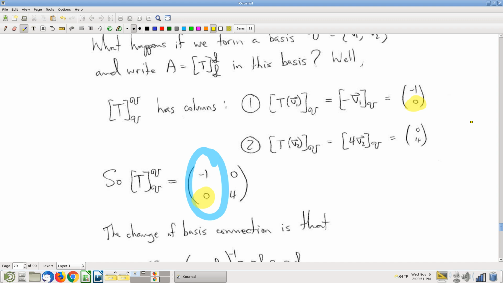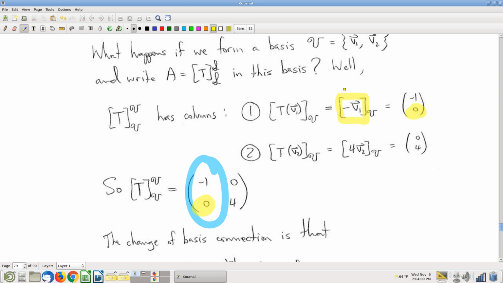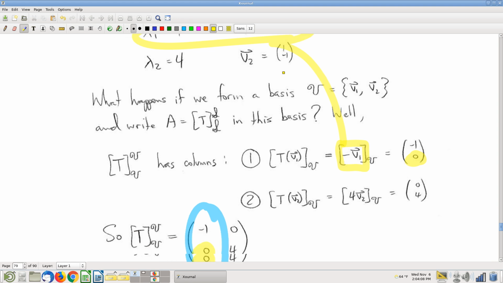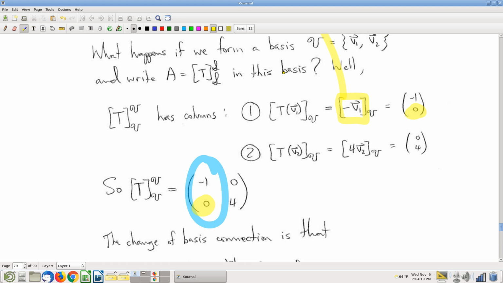Well, it's because there's no V2s in here. And why are there no V2s in T of V1? Well, it's because V1 is an eigenvector. So we just trace it back through the process, and you kind of expect anyway that this should always go through if you have a basis of eigenvectors.